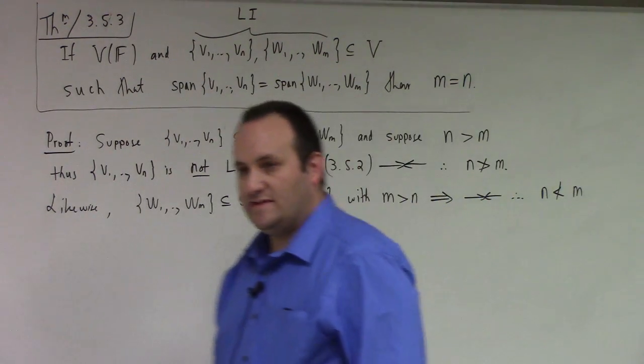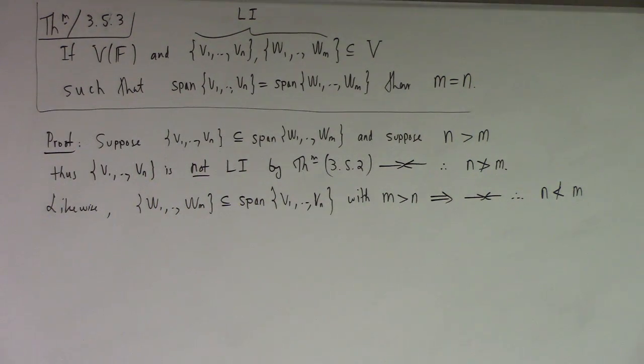You put those two things together, you got n equals m. Es bueno. So therefore m equals n.